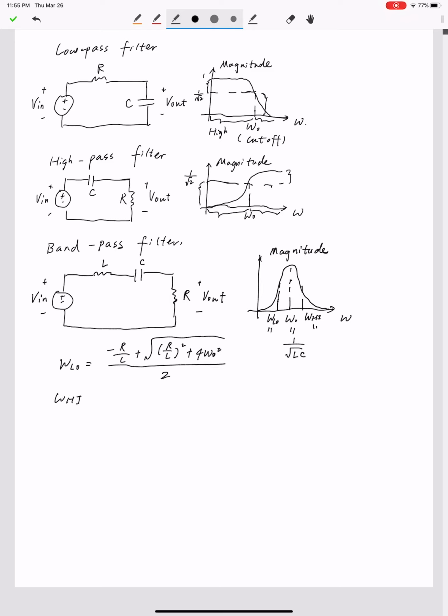And omega high equals positive R over L plus square root of (R over L) squared plus 4 omega 0 squared, divided by 2. Okay. Right, so those are the three types of filters that we introduced in the last class. Today we're going to introduce the last type of filter, which is the band reject filter, or band stop filter.